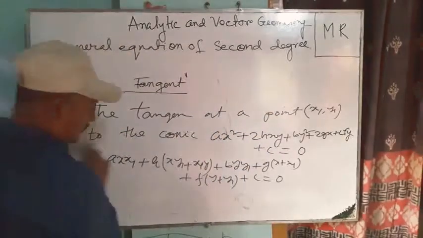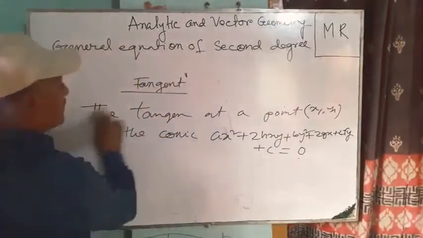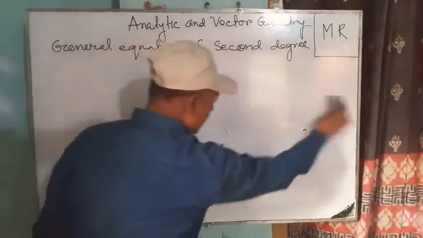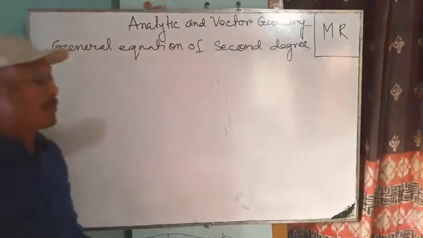Now I will discuss the normal equation at the point x1 y1 to the conic.